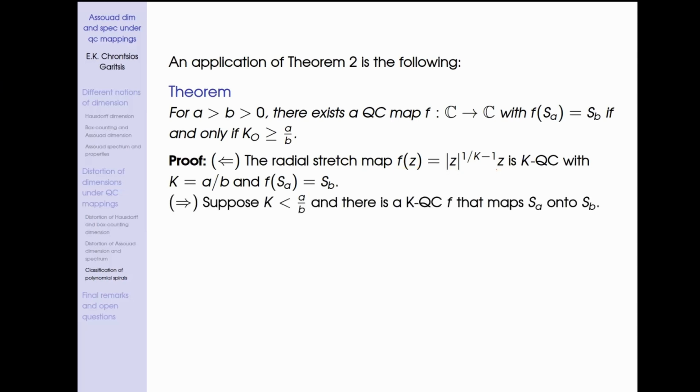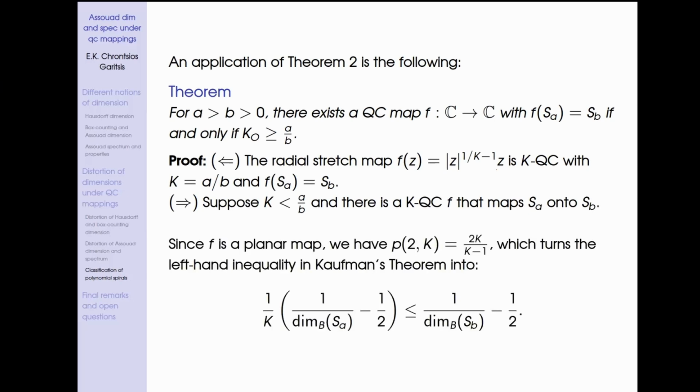The other direction: suppose, towards contradiction, that K is less than A over B and there is a K-quasiconformal map that maps SA onto SB. For that, since we are in the planar setting now, we can use Assouad's formula for the higher integrability exponent. And if we plug that in Kaufman's estimate, we get this inequality involving the box dimensions.